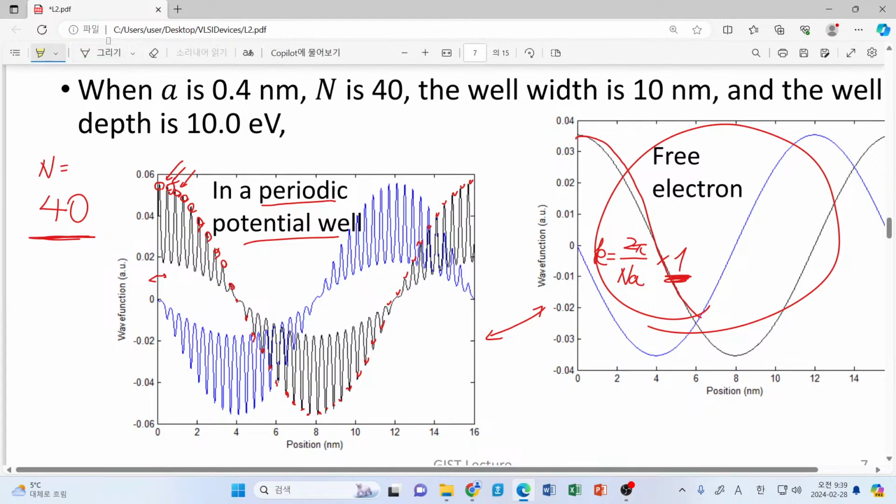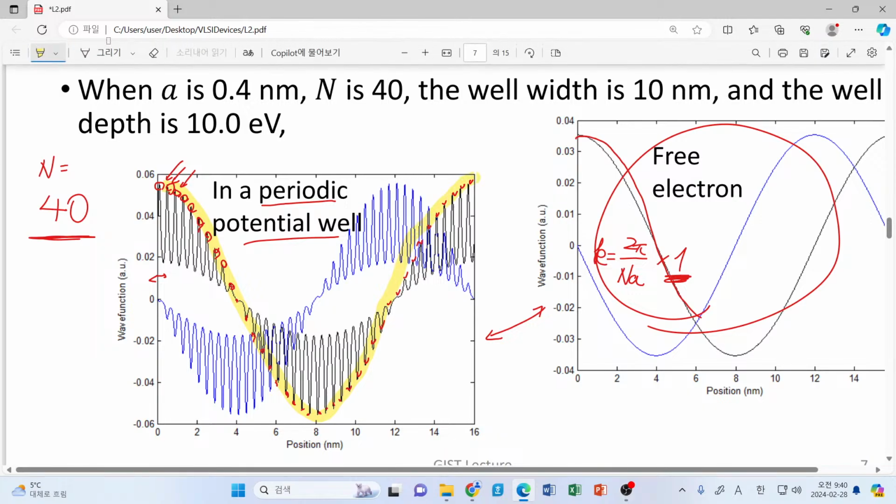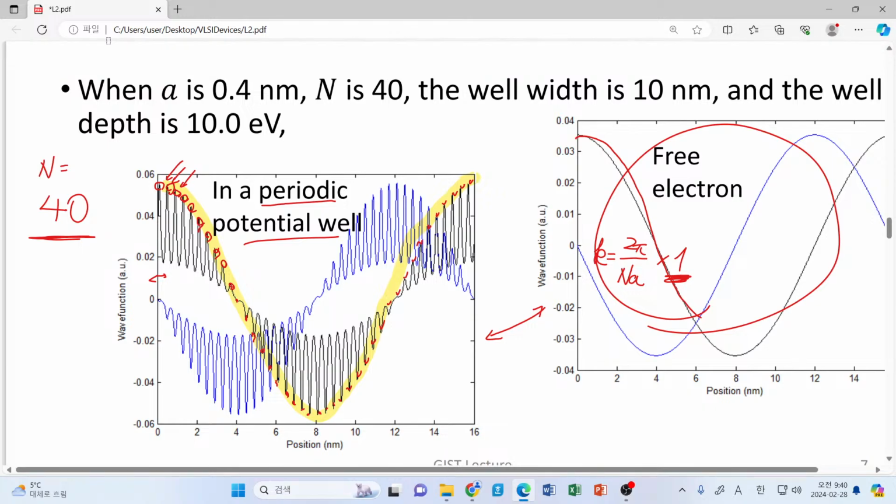If we just connect our peak values only, can you see it clearly? I cannot see actually. If we just connect only peak values, then you can reconstruct once again a very smooth transition, and it looks just like that of a free electron.